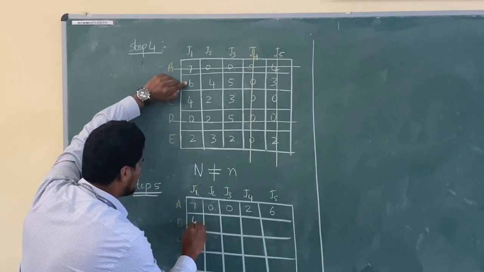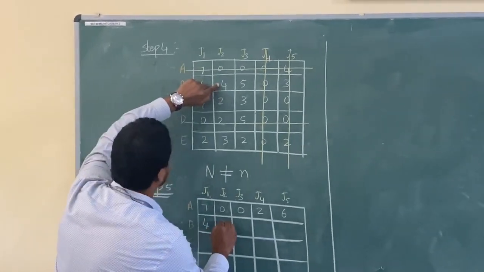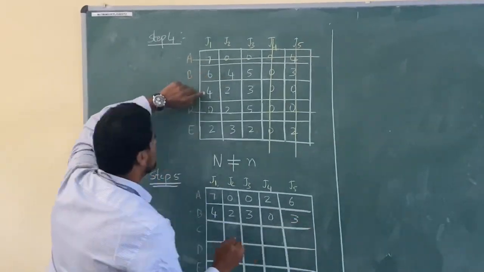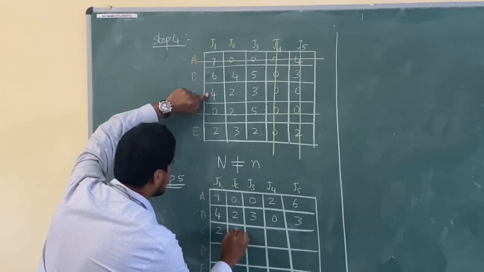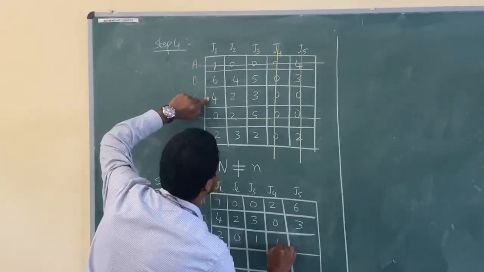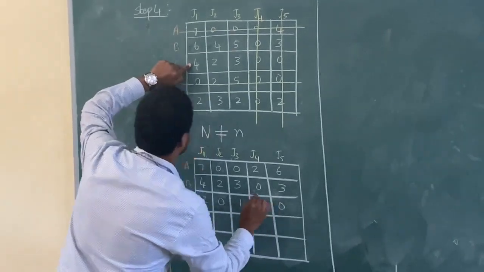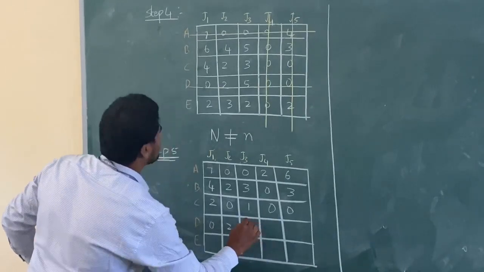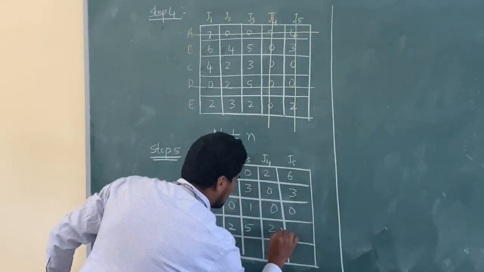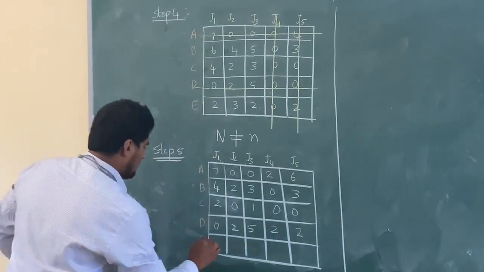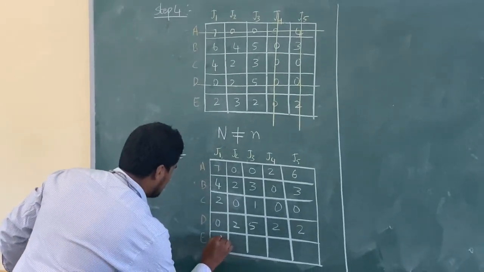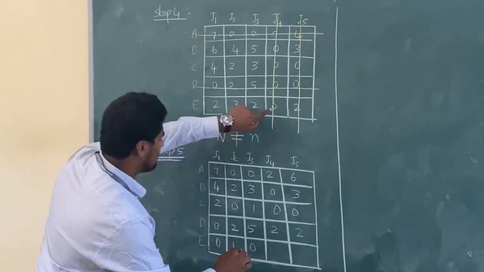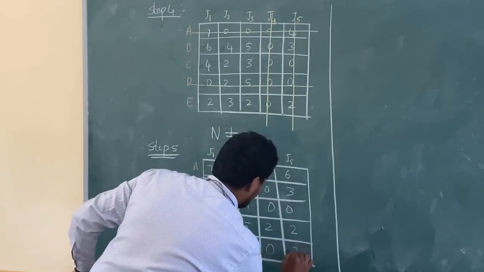Next is 4. 6 minus 2 is 4. 4 minus 2 is 2. It is 3, 0 and 3. Here it is 2, 0, 1, 0 and again 0. Okay, here it is 0, 2, 5. These are intersection points, so you need to add these numbers. Here in this case it is 0, 1, 0. Here it is 0 and 2.